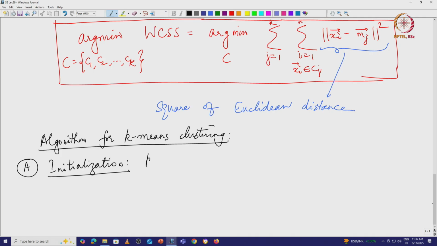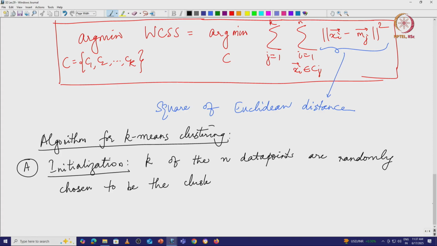So, either k of the n data points are randomly chosen to be the cluster means for the first iteration, and let me denote these means as mj1 vector.